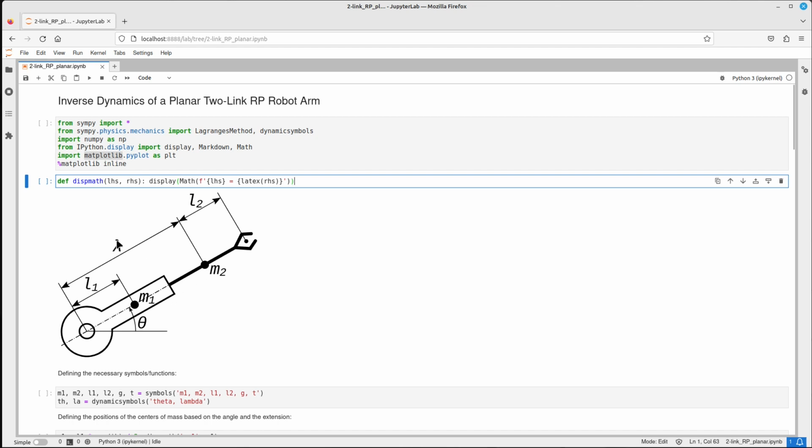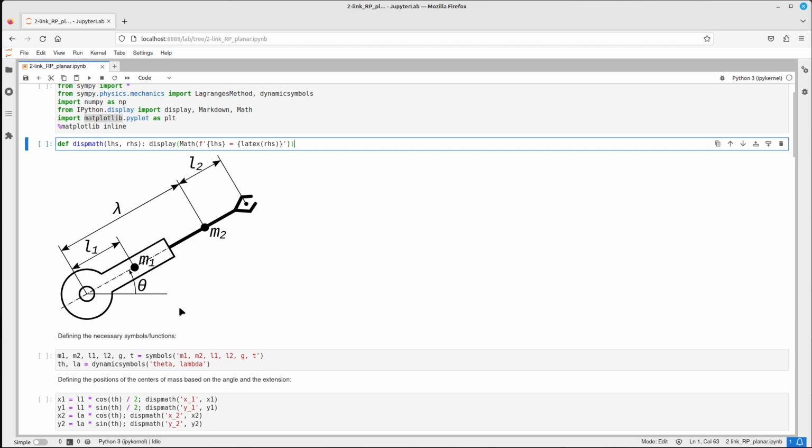And we also have this variable parameter here, lambda, which basically goes from the origin of our coordinate system all the way up to M2. And L1 is the distance from the origin of our coordinate system to the first center of mass. And this angle theta here is basically the angle between the horizontal x-axis and the first link, and by extension also the second link.